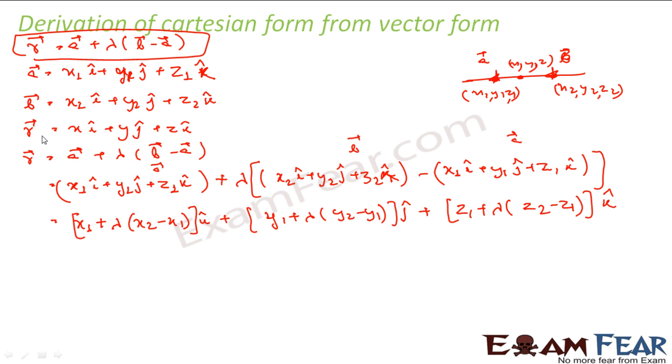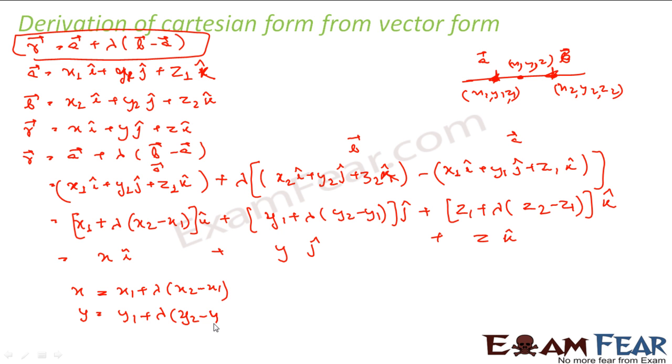And this is equal to r, which is nothing but x i cap + y j cap + z k cap. So you compare these two, and I get x = x1 + λ(x2 − x1), y = y1 + λ(y2 − y1), and z = z1 + λ(z2 − z1).